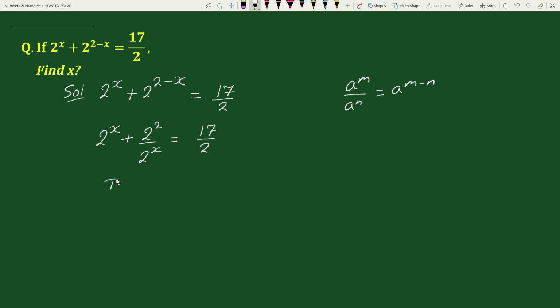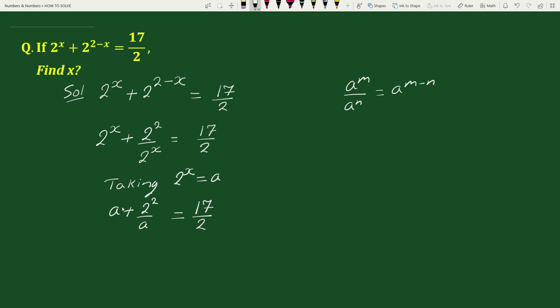Now taking 2 to the power x equals a, we can write the above equation as a plus 2 square by a equals 17 by 2.